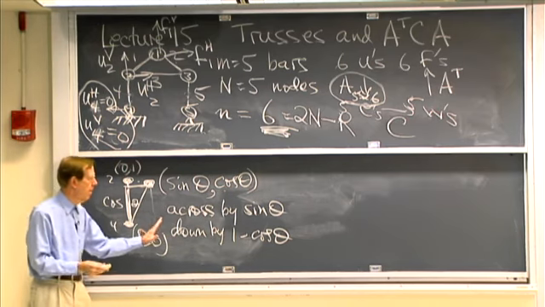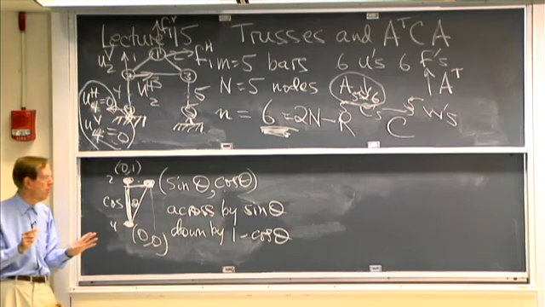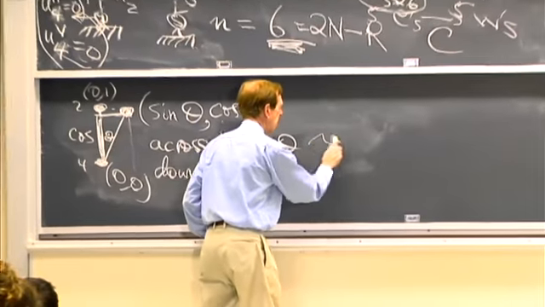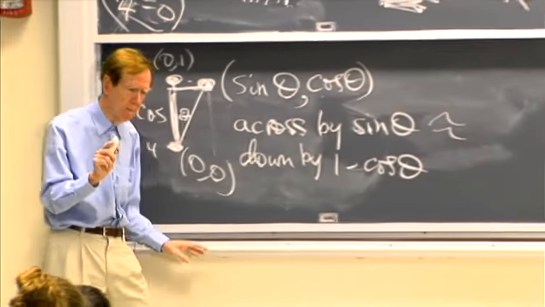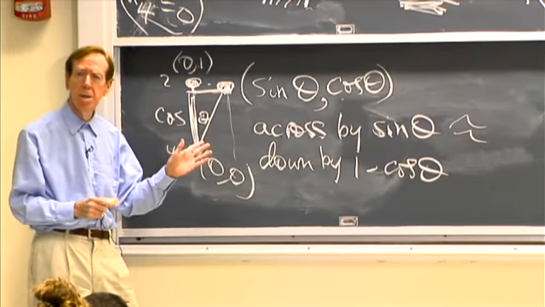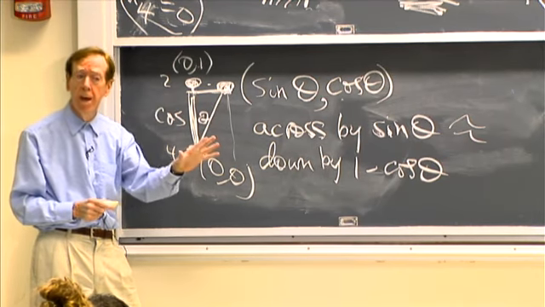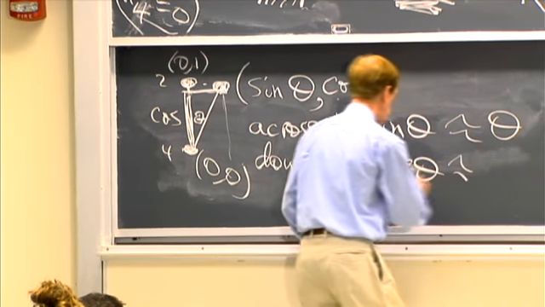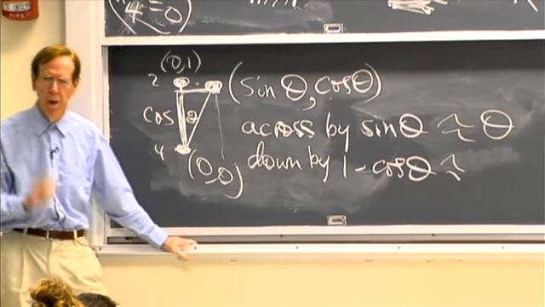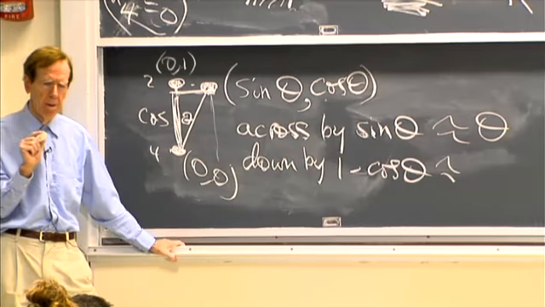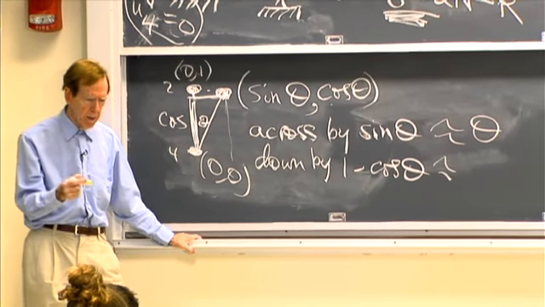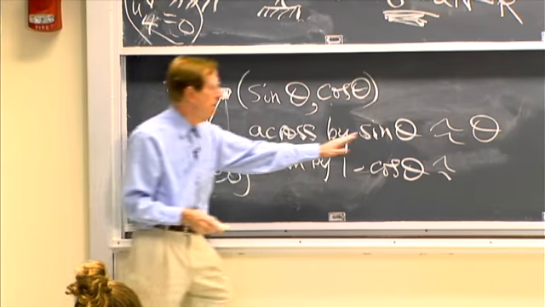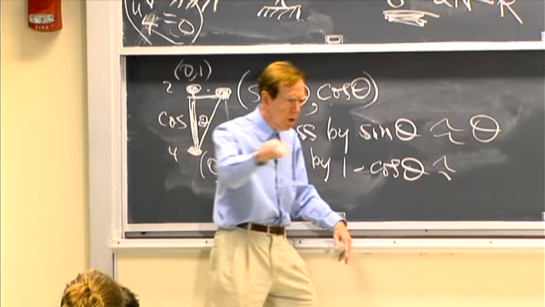Okay. Now here comes the key point. If theta is small, and now here comes the smallness, sine theta is approximately theta. And 1 minus cosine theta is approximately what? Now, this is the important point. So theta is like the first term.